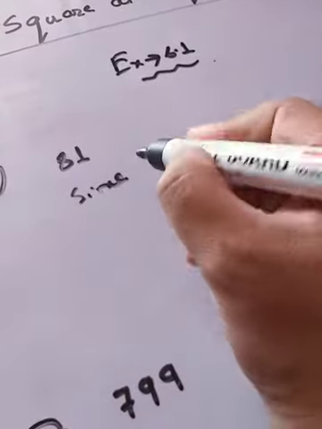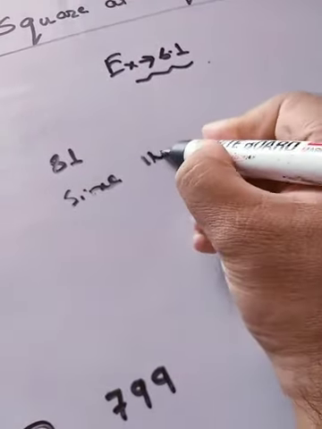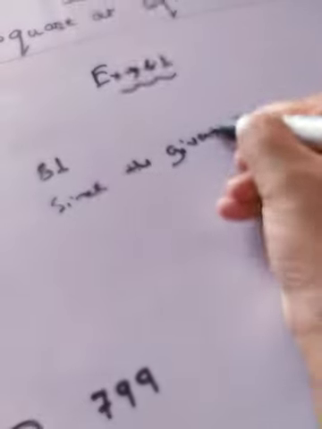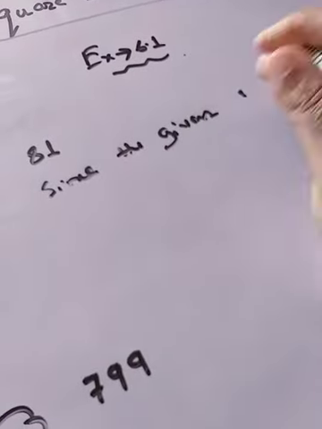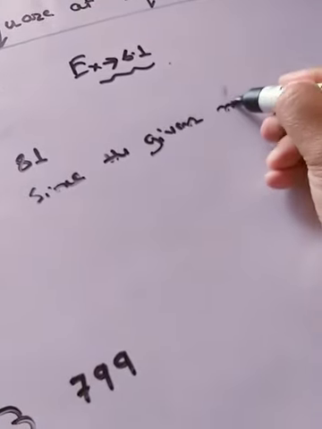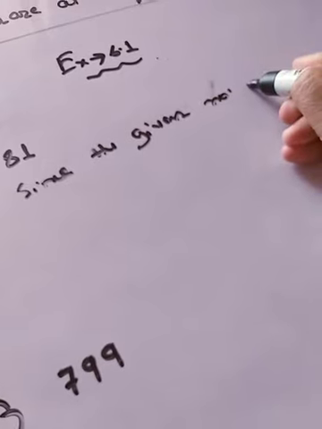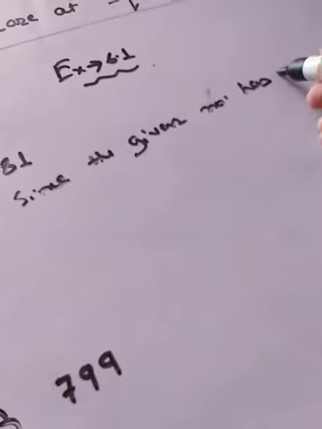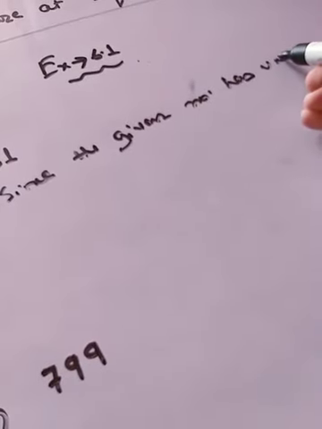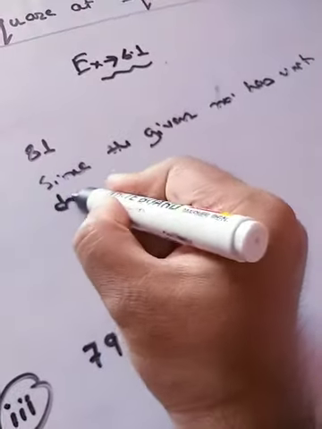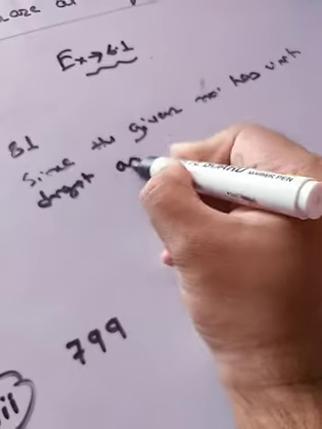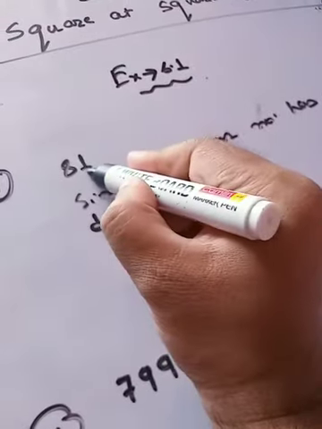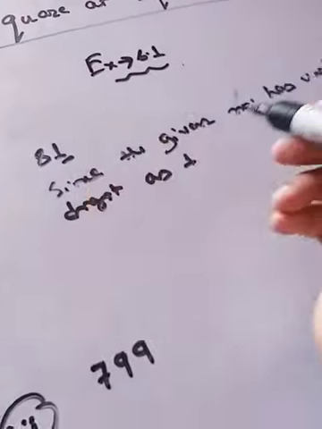Since the given number has unit digit as 1, isn't it? What is the unit digit of this particular number? 1. So I've written 1.